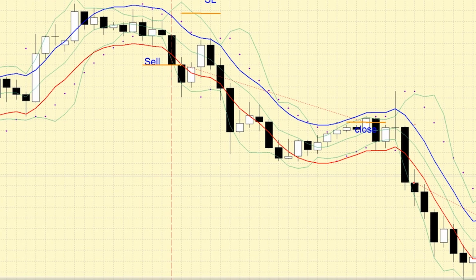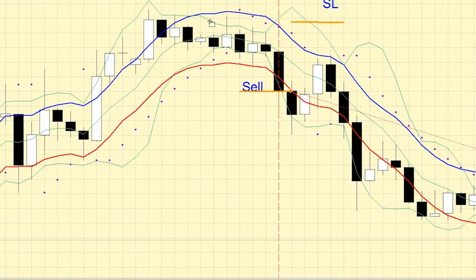This is a signal that in the near future there will be a signal for the conclusion of a deal. We see when it goes outside the red and blue lines. This is crossed. We are waiting for the candle to close.